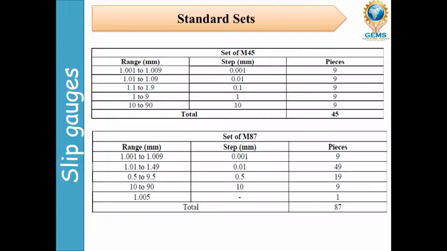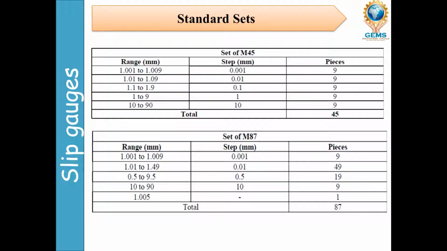Then 1 to 9, with 1 mm step, has 9 pieces. 10 to 90, with step 10, has 9 pieces. The total is 5 into 9, that is 45 pieces. This is the set M45.